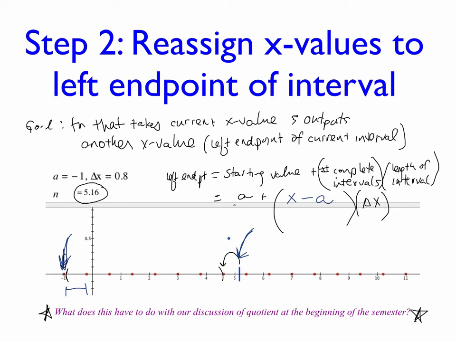And I want the relative size of that with respect to delta x, so I divide it by delta x. Reframing it in the way that we built up at the beginning of the semester, this quotient is saying if I measure the distance of x minus a in units of delta x, it's going to spit out a value, and that value is how many delta x's fit in here.